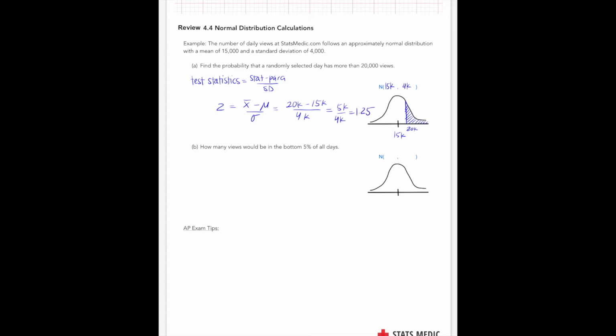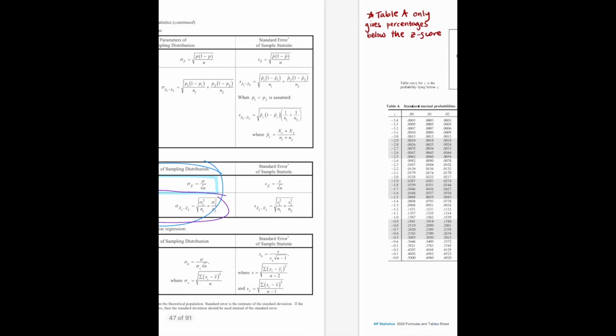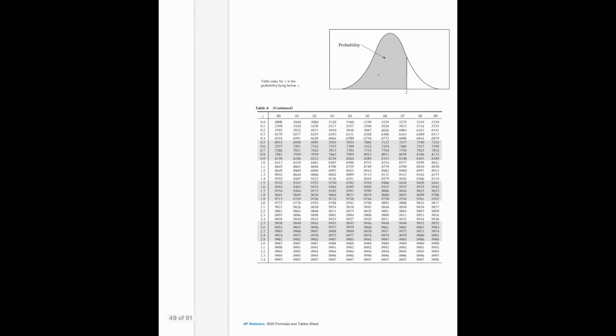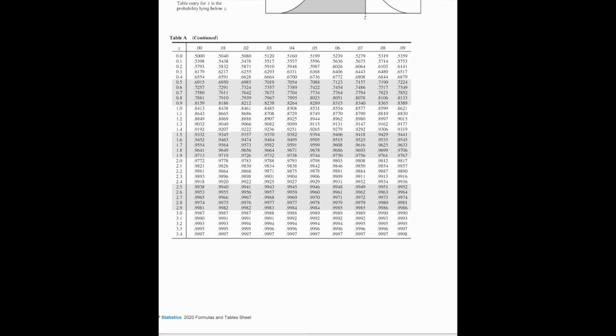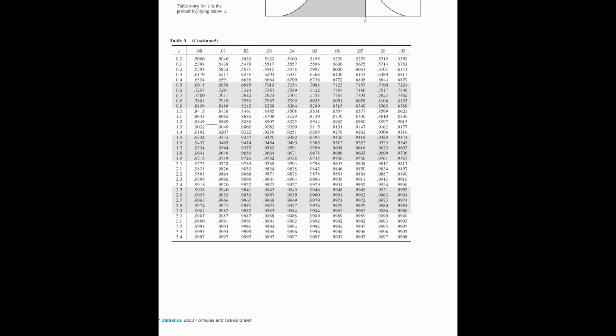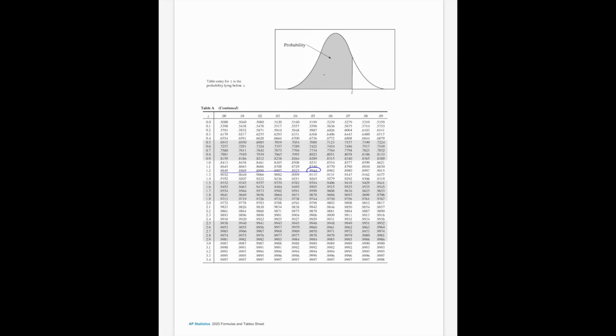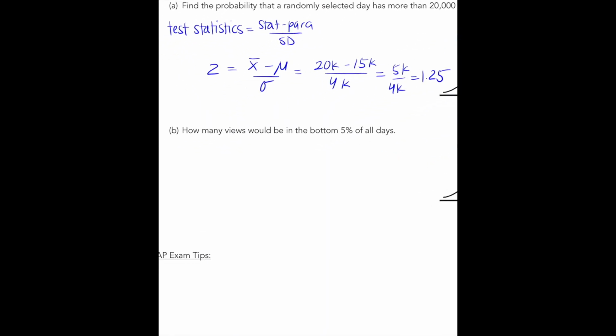So I'm going to go into my z-score table, which has been a while since we used table A, and then I'm going to go to 1.25. So it's going to be moving down a little bit more right here. So I have 0.8944 is my p-value.